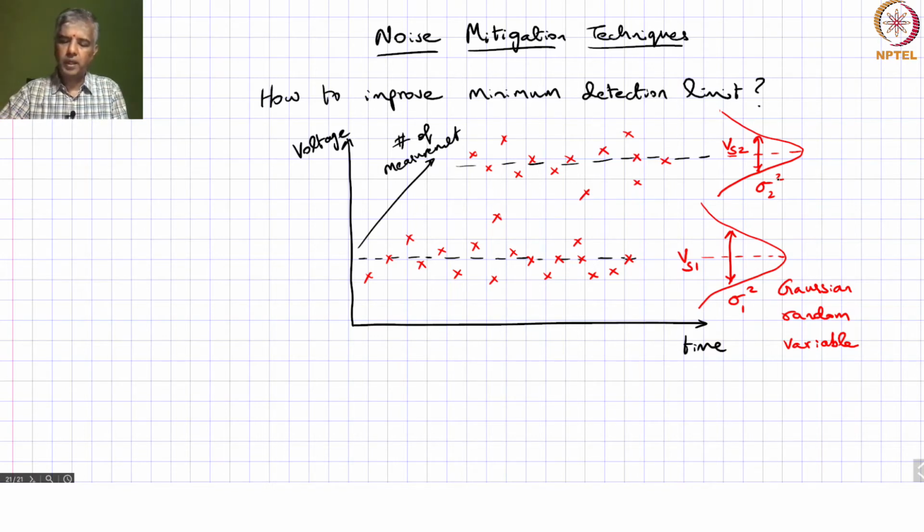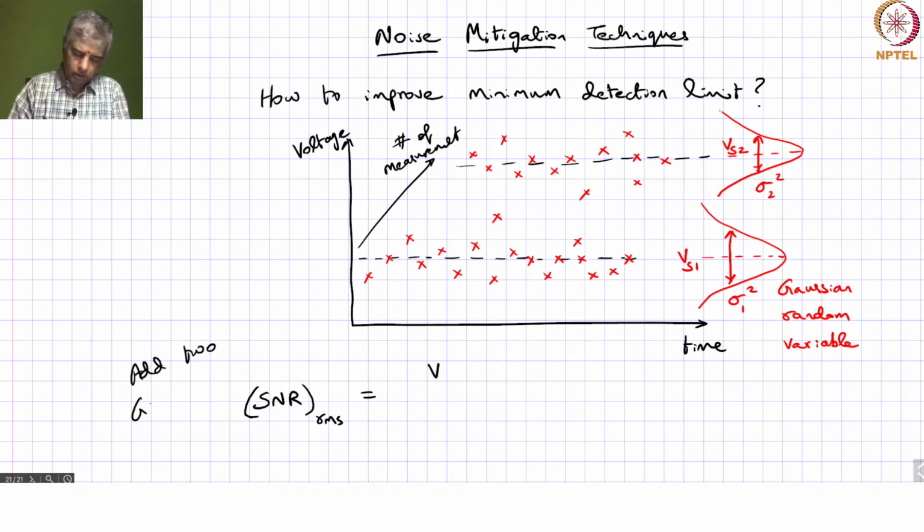And because of that, if you look at the overall signal to noise ratio, we can basically add multiple measurements. Let's say we are adding these two measurements here, and then if you look at the signal to noise ratio, let's say with respect to the RMS value of the signal, then you can add two Gaussian random variables.